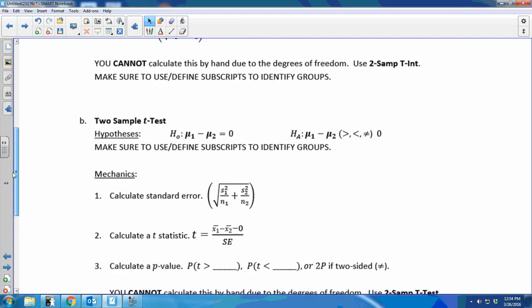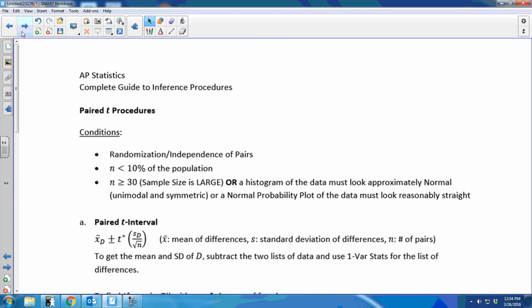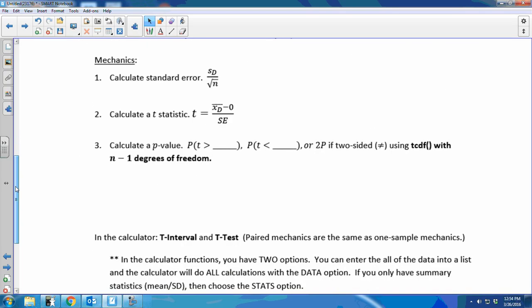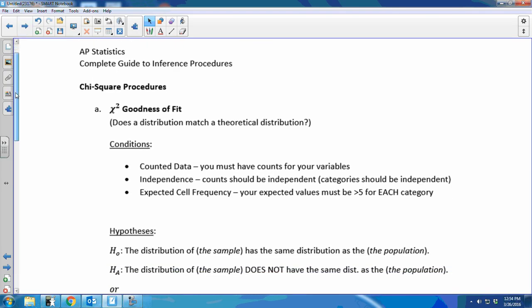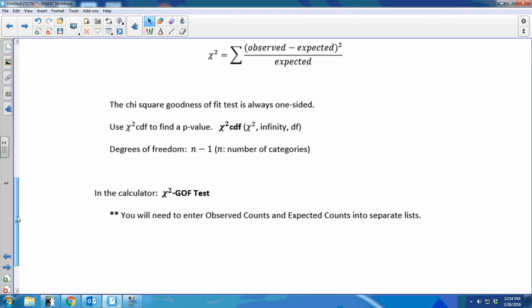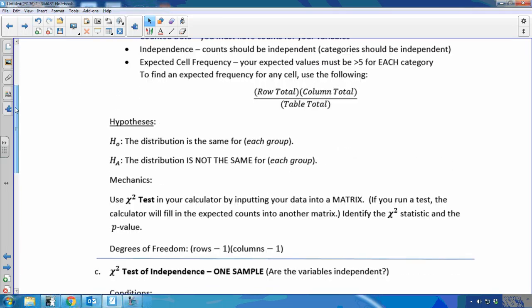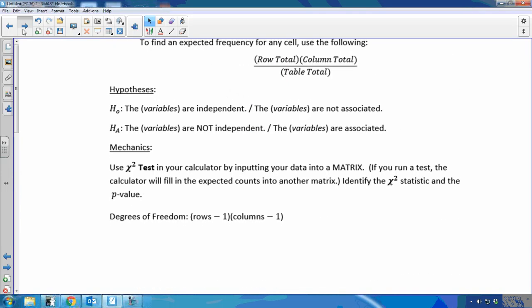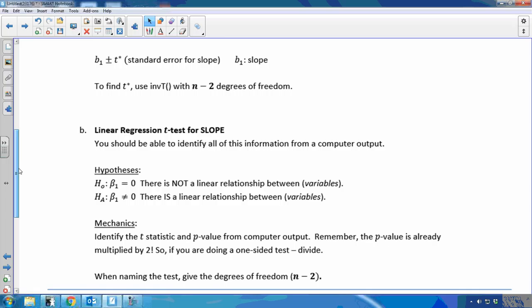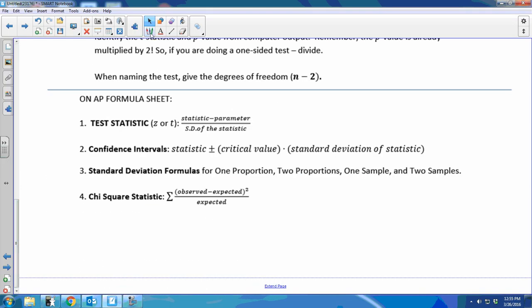I also included how to do them in the calculator, and how many degrees of freedom they're supposed to have. So I would take the time to look over them. I have chi-square notes. I have slope notes. And at the very end, the last page tells you what is on the AP formula sheet. Know what these do and know how to use them.